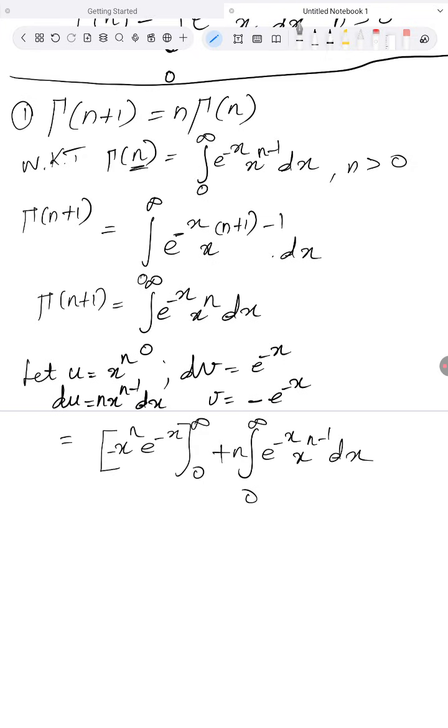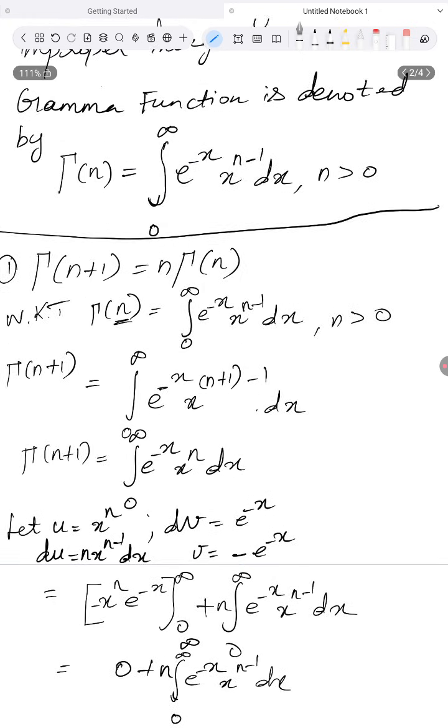When you substitute the limit values, the first term will become 0, because at the lower limit x is 0, and at the upper limit e power minus infinity also becomes 0. So the first term is 0, plus we have n into integral over 0 to infinity e power minus x, x power n minus 1 into dx.